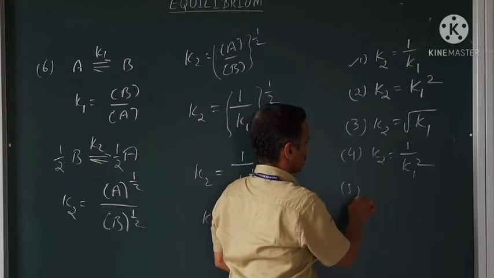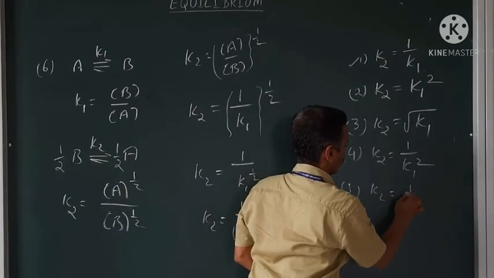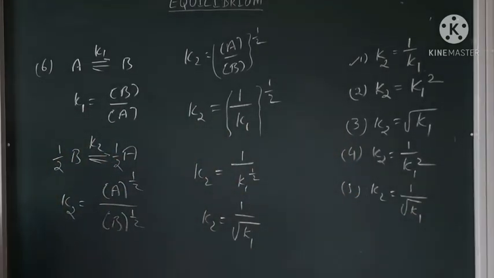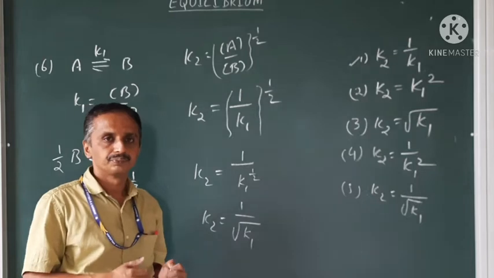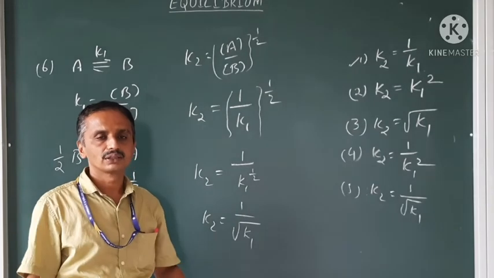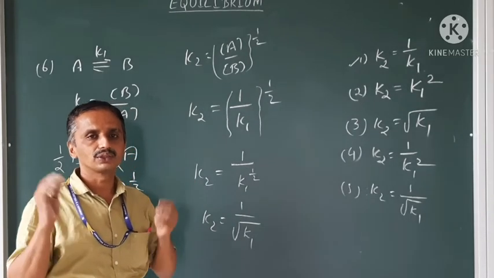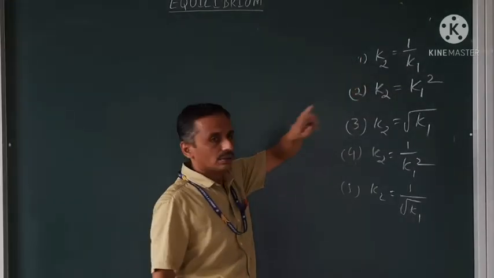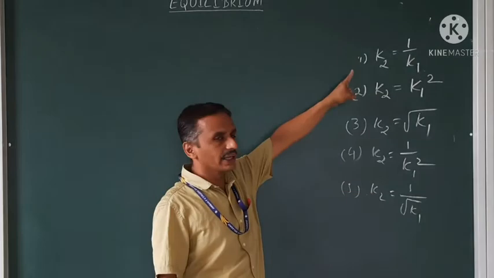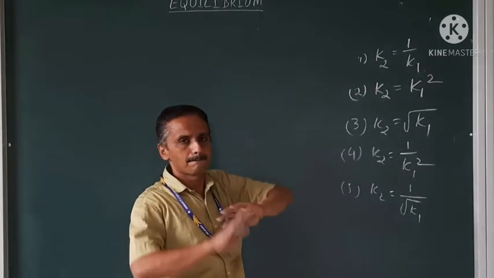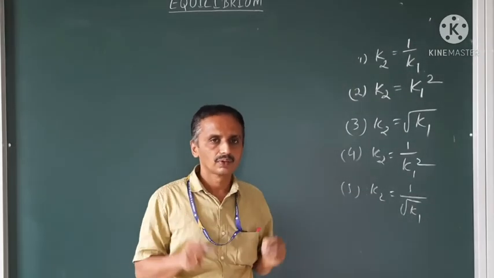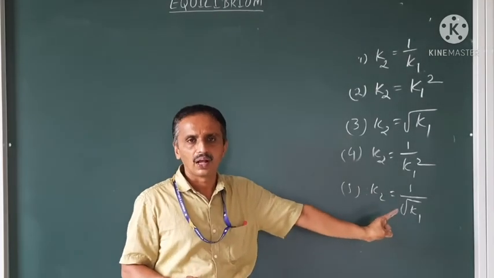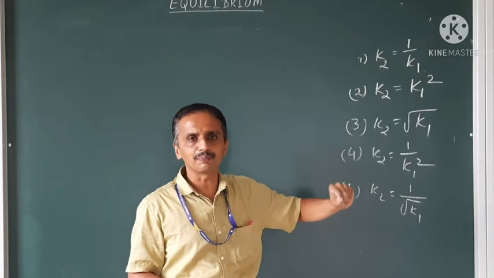So the fifth one is K2 is equal to 1 over square root of K1. So from all this, you can be asked some questions. Already I gave the equations, learn these equations by heart. And note this down properly, where it is applicable also.